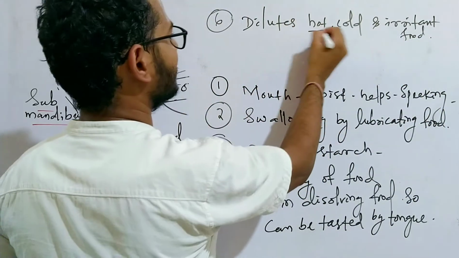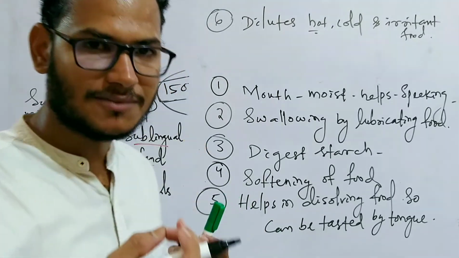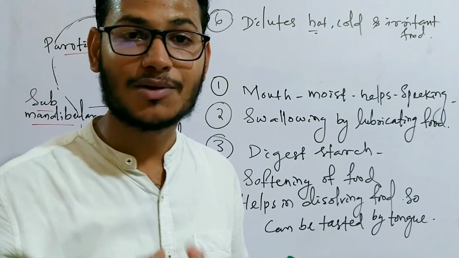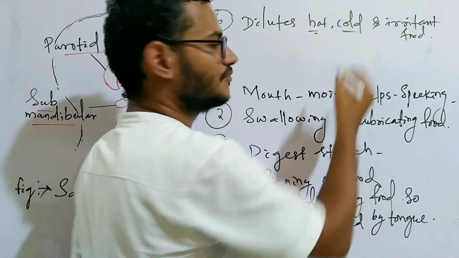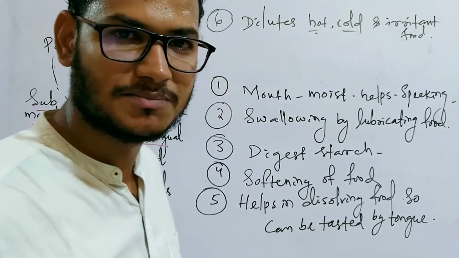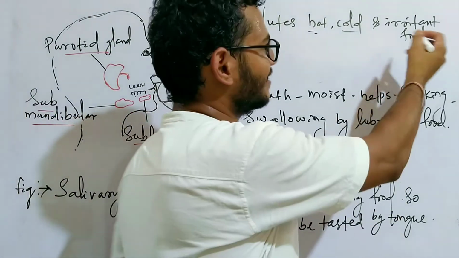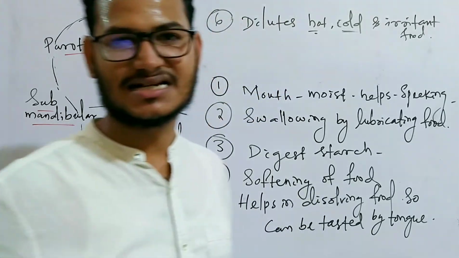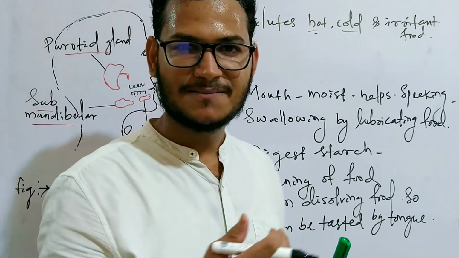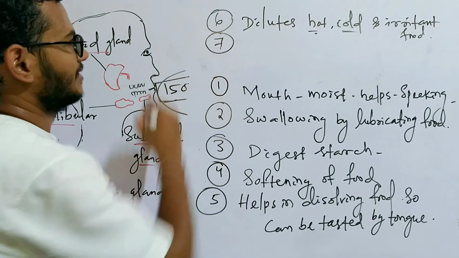So hot means very hot food. If you are eating, it dilutes it to make it a little bit cold, so it will not burn our tongue or the buccal cavity. Very cold food can also harm our body, so it also dilutes it, making it a little bit hotter. And irritant food, some foods, by eating some foods, itching starts in our mouth, which is also reduced with the help of the saliva in the buccal cavity.